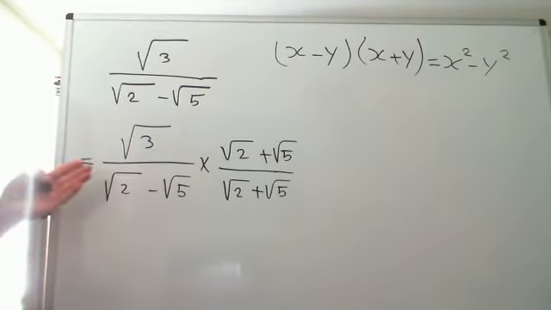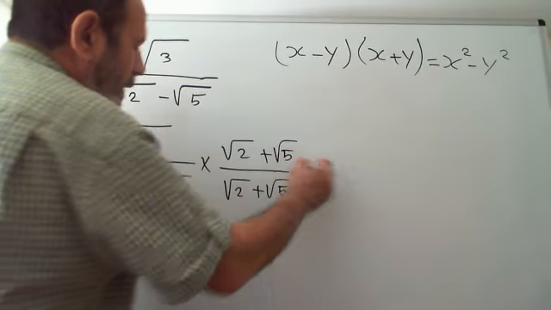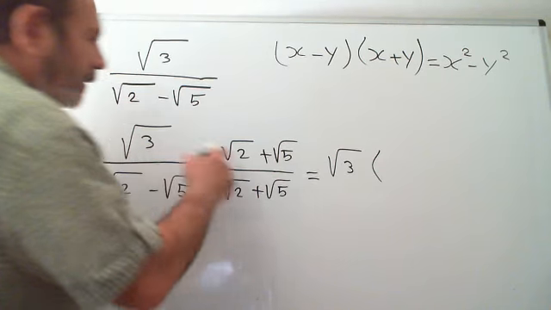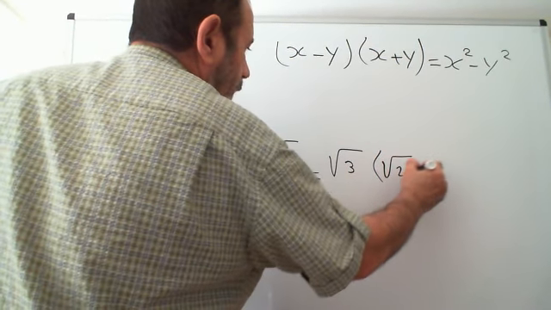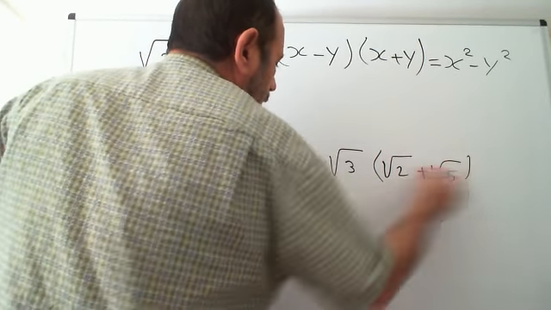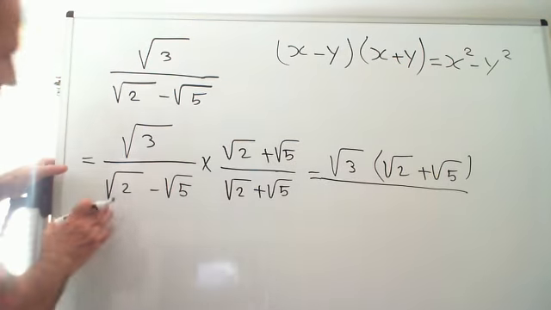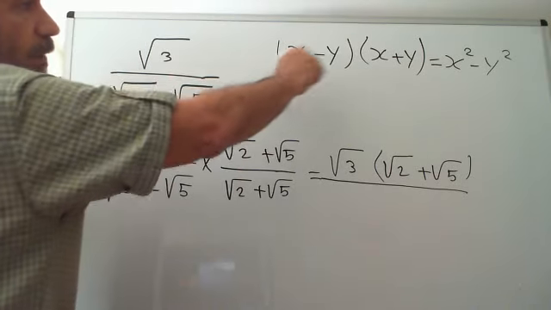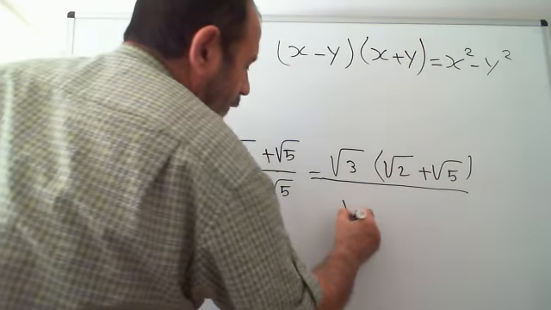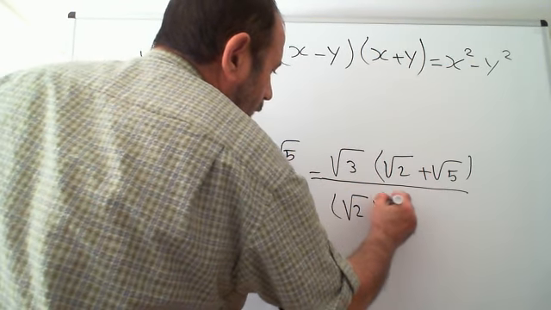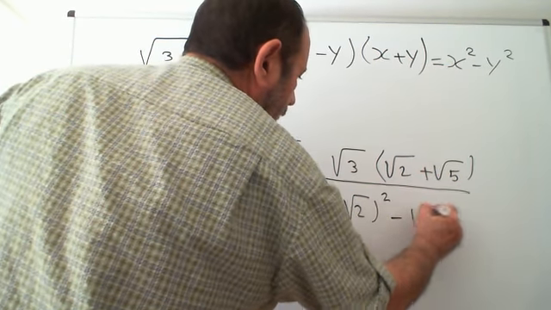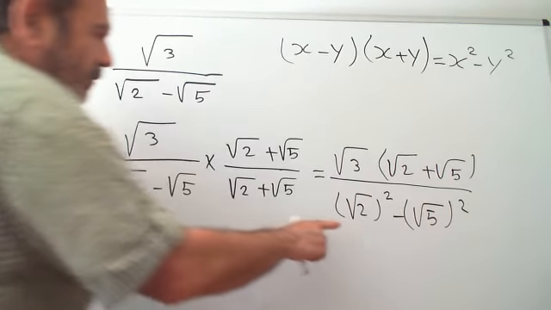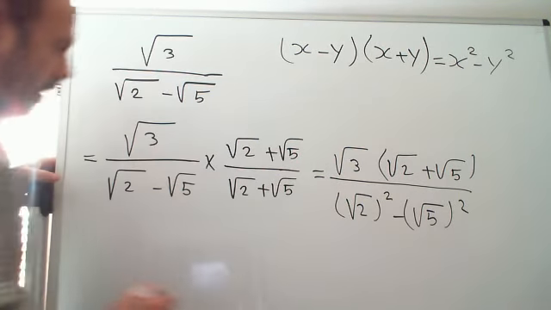Now, when we multiply, the numerator is going to be radical 3 multiplied by radical 2 plus radical 5. And what about the denominator? Radical 2 minus radical 5 multiplied by radical 2 plus radical 5. Using this rule, it is going to be radical 2 squared minus radical 5 squared, x squared minus y squared.